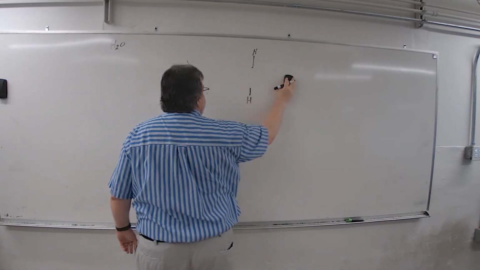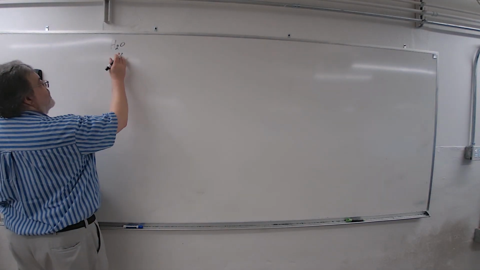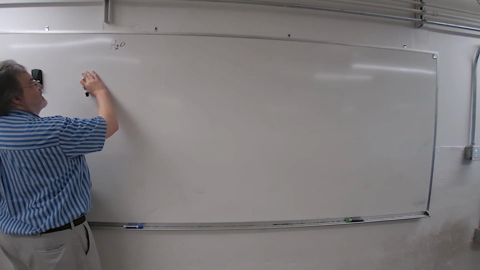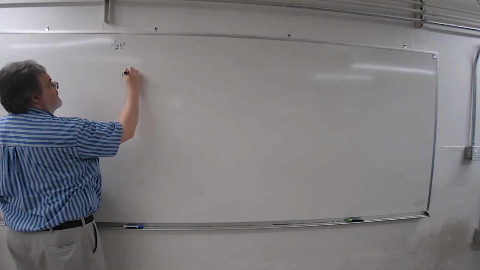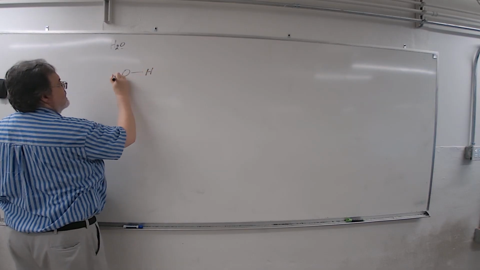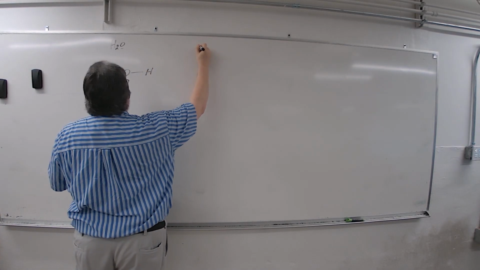How many total valence electrons? 6 for oxygen, 2, so 8. It's 8 again. When hydrogen is on the front, it's not going to be the central atom, so it's going to be oxygen here. 6, 7, 8.